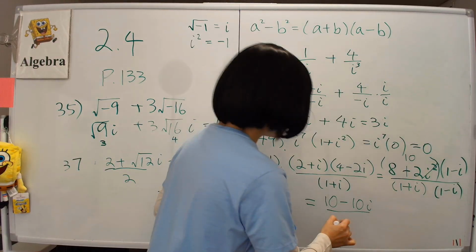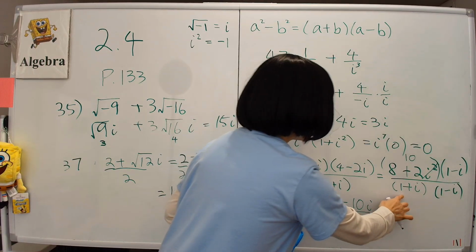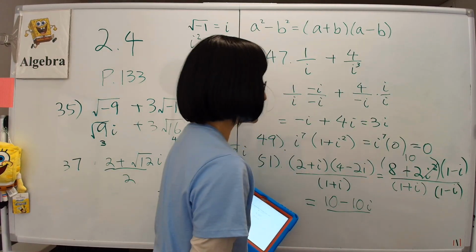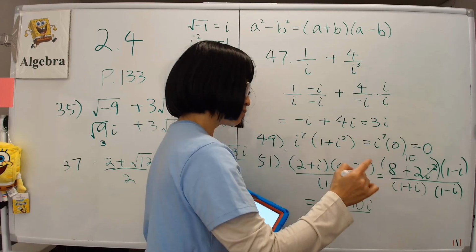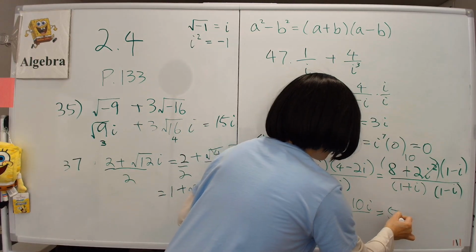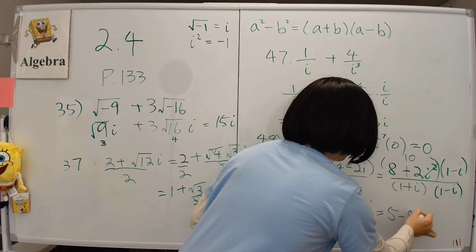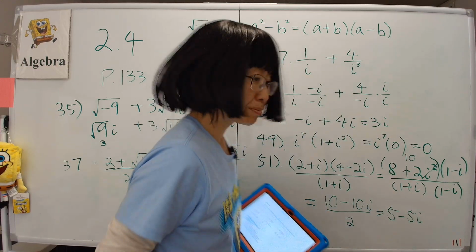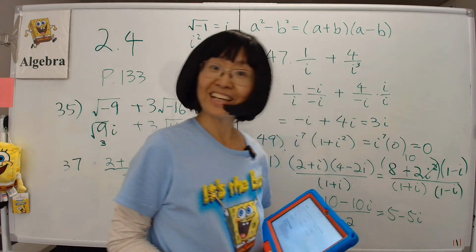And then the bottom will be equal to 2, because 1 minus negative 1, that's 2. So the answer should be 5 minus 5i, if I didn't mess up. That is problem 51. Yep, it is correct.